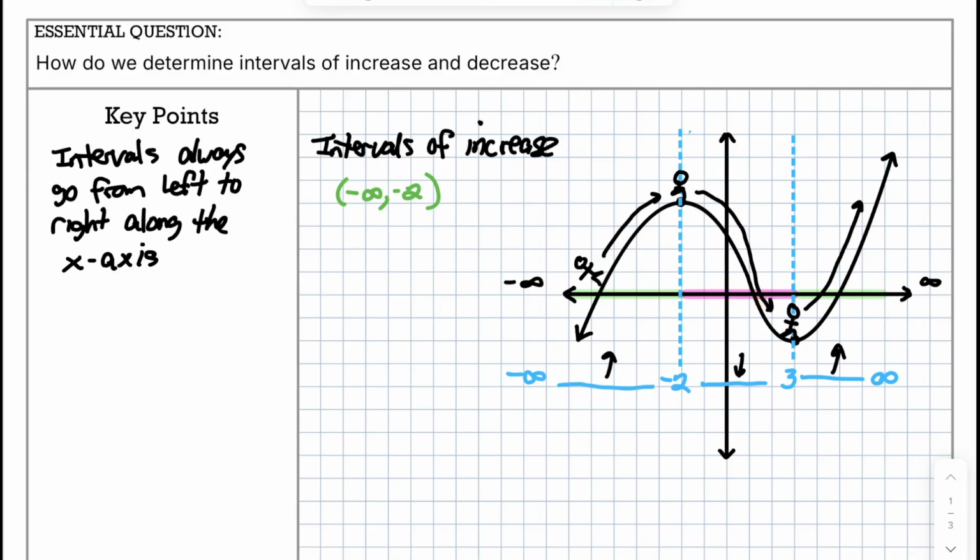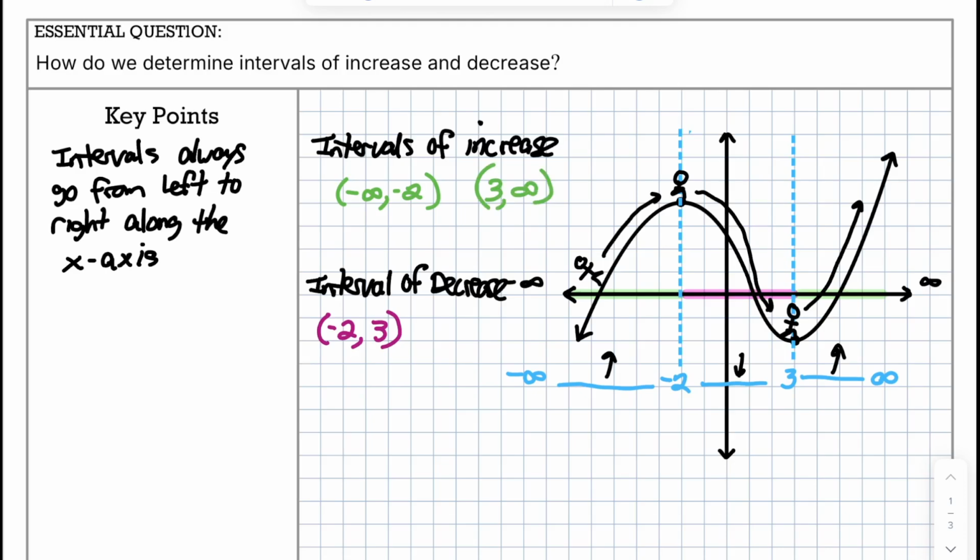So that would be an interval of decrease. So from negative 2 to positive 3, he's going down. The y values are getting smaller. Once he hits 3, he's going back up again, so the y values are getting bigger, which means we would also have 3 to infinity.